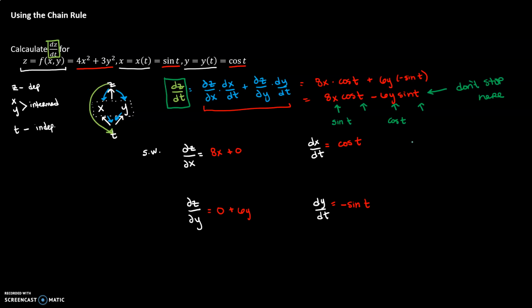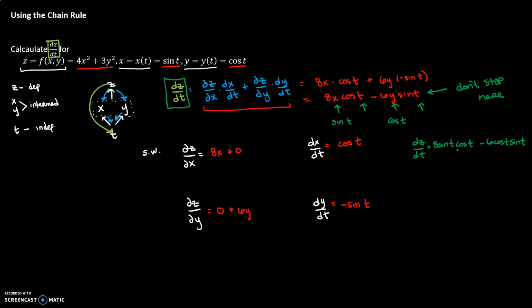So our final answer, dz dt, will have 8 sine t cosine t minus 6 cosine t sine t. And now that we've replaced x and y with their functions of t, we can see that this simplifies even further. 8 sine t cosine t minus 6 cosine t sine t.